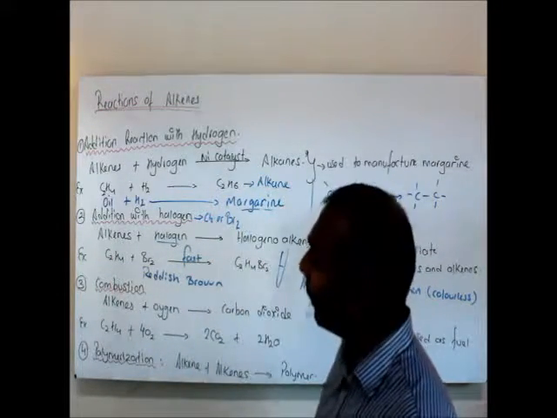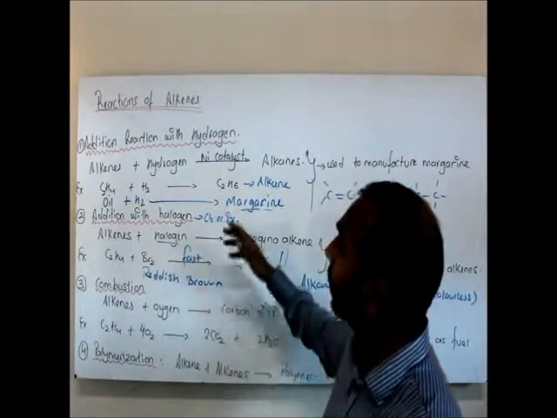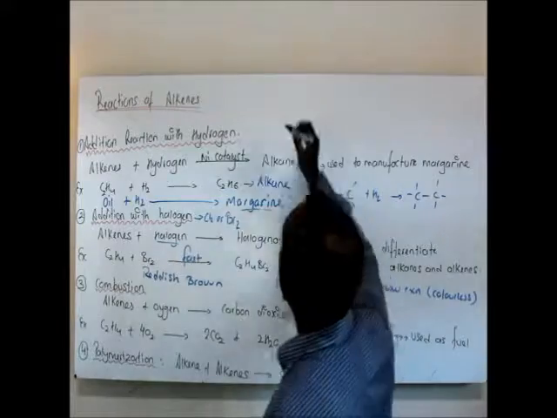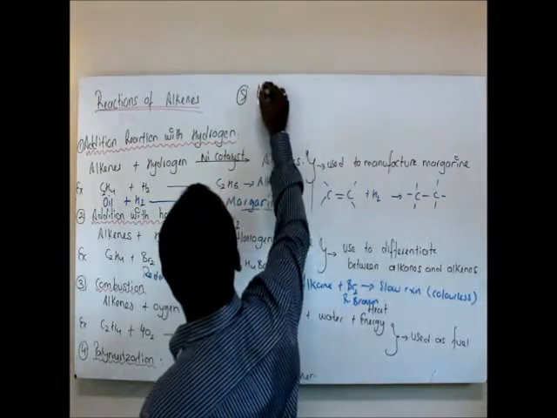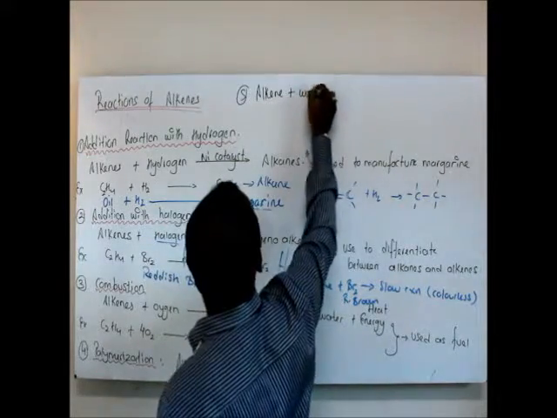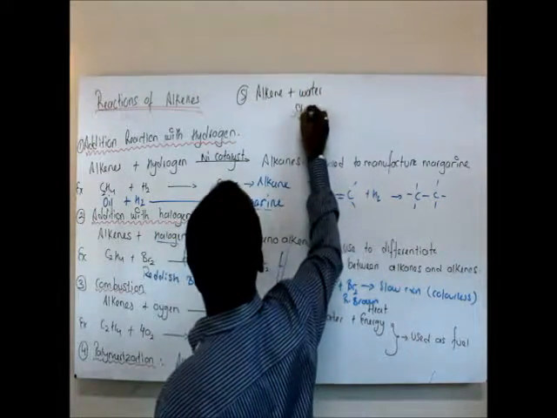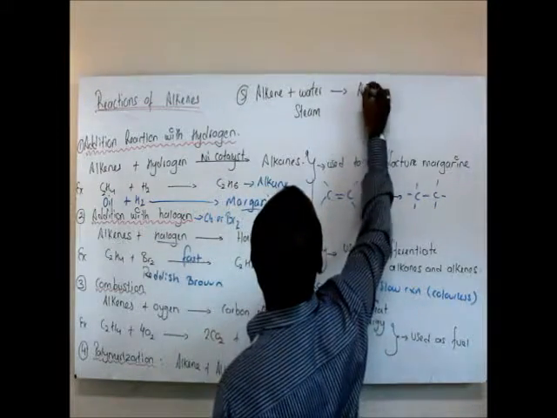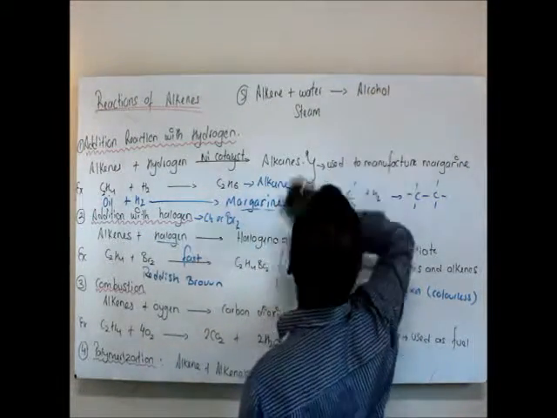Now another example of addition reactions which you can have in alkenes, which is not mentioned here, is if you take an alkene and you add water in the form of steam, this alkene will become an alcohol.